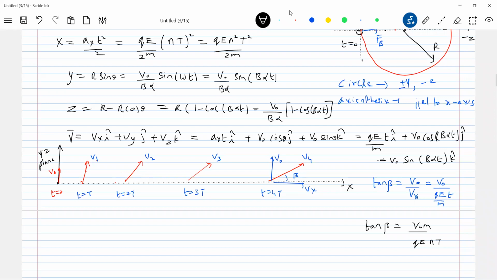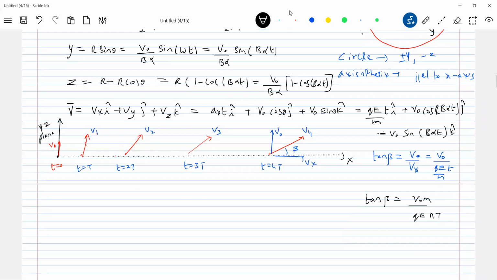Now, I'll ask a specific question. After what time will the speed of the particle become 3 V naught? At t equals 0, the particle was having a speed V naught. After what time will it become 3 V naught? I'll straight away ask that condition. So here only, I think I'll bring that question. It's available somewhere.